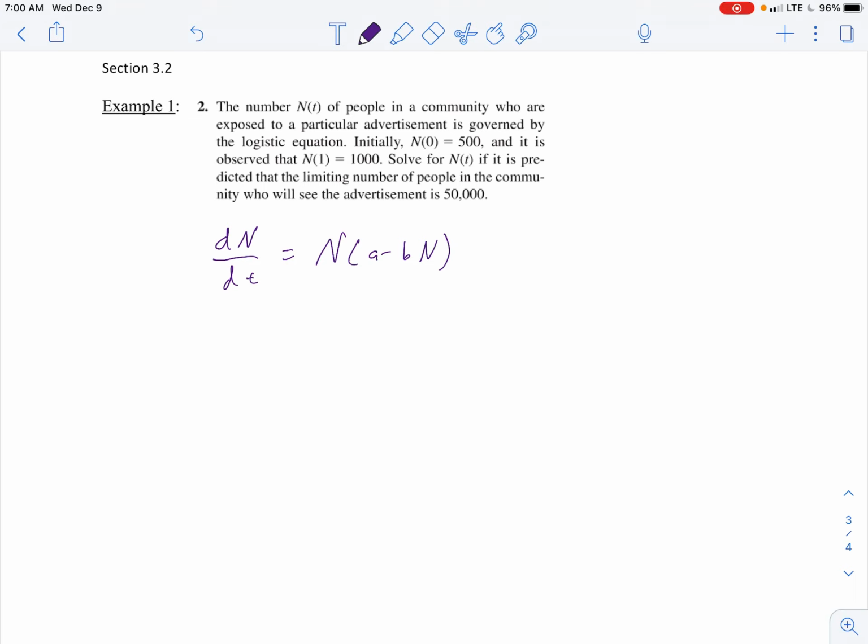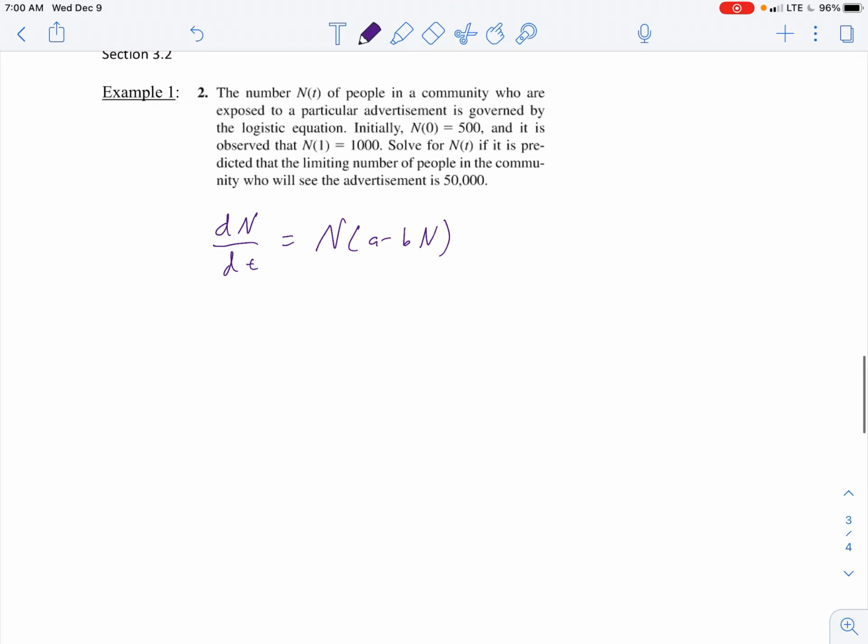Well, knowing that we're dealing with the logistic equation, I can also now find the solution to the logistic equation by having N of t is equal to a times N sub 0 divided by b times N sub 0 plus (a minus b times N sub 0) times e to the negative at.